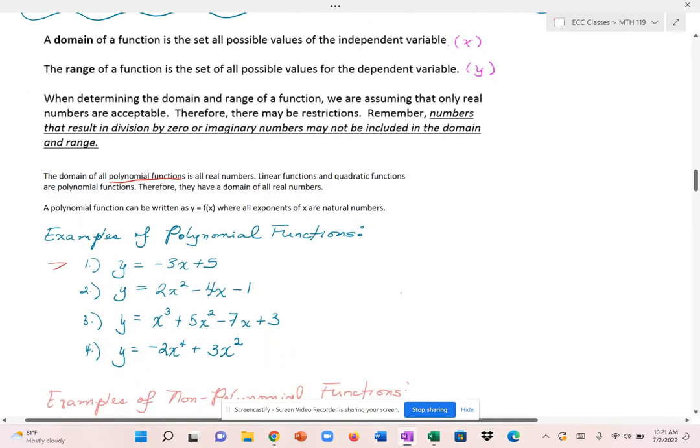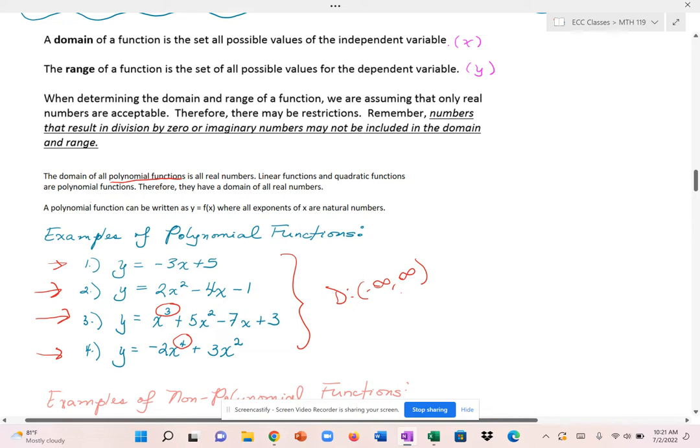This is a linear function, that's a polynomial function. This is quadratic, that's polynomial. This is considered to be a third degree polynomial because the highest exponent is 3. And this one here is a fourth degree polynomial because the highest exponent is 4. All of these have a domain of all real numbers.